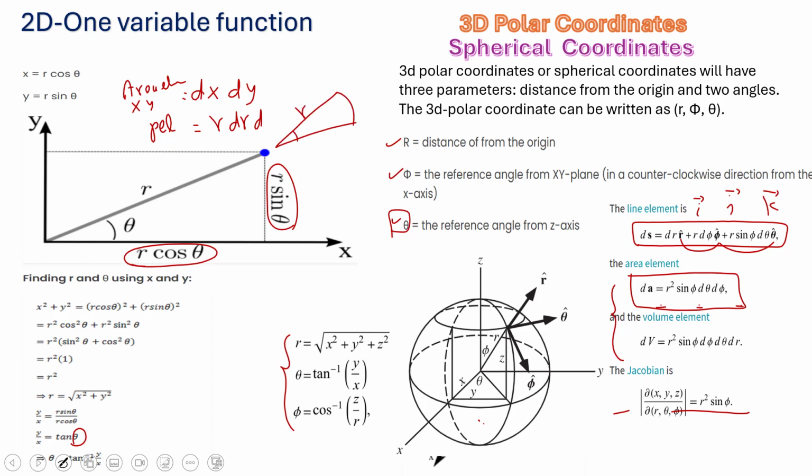This is r. This is d theta. We know the length of this one is r d theta, right? So when you have r times... this is what we call dr, right? So the area element in the polar is r dr d theta.